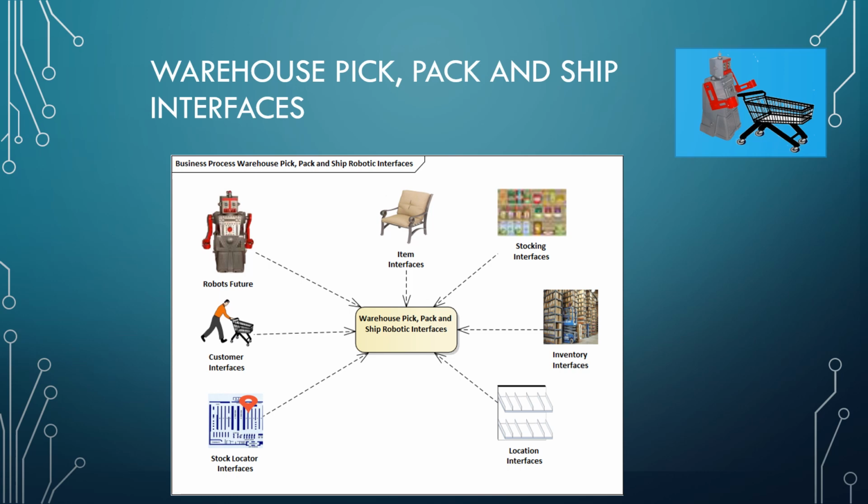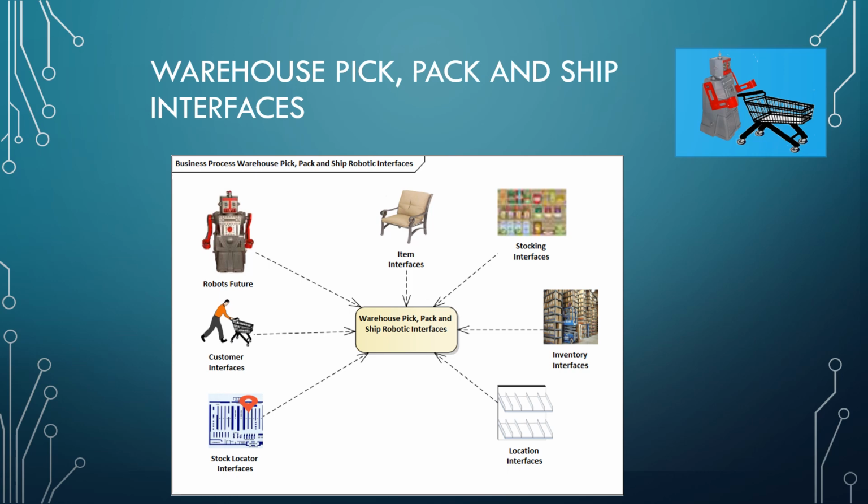As you'll start seeing, we're looking at the same sets of systems that you have to interact with in this warehouse pick, pack, and ship model. Again, you've got to deal with the robot itself. You've got to be able to identify items and where they are. You've got to get the stocking of where they are actually stocked. You have to be able to guide around the inventory to see, we've got 50 red shirts or whatever.